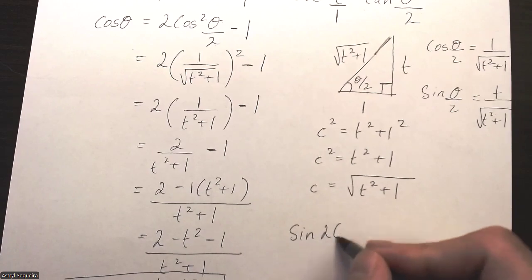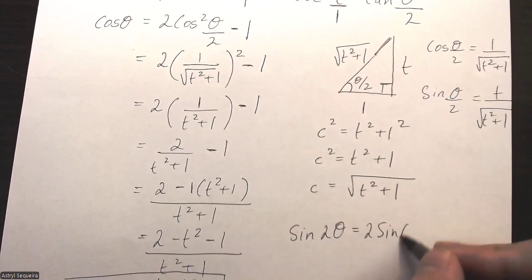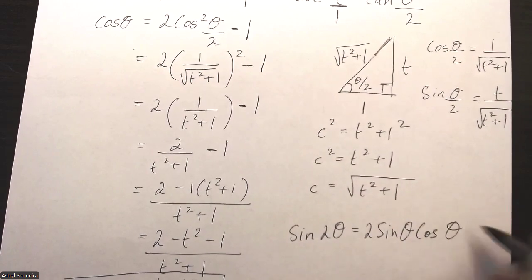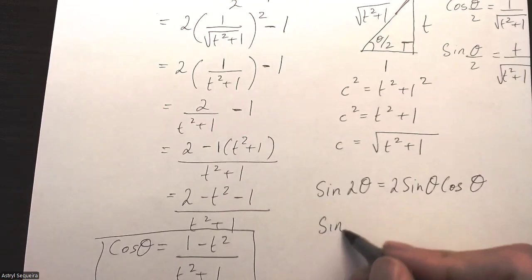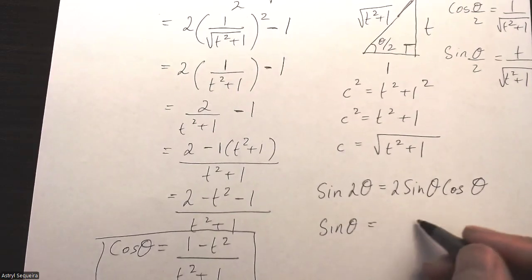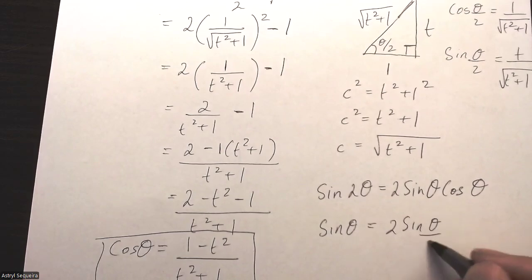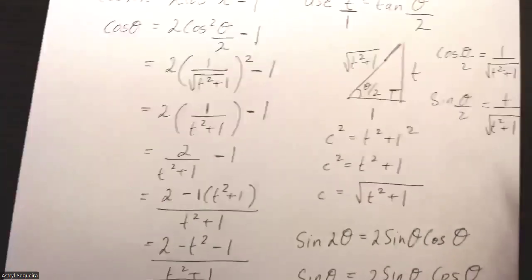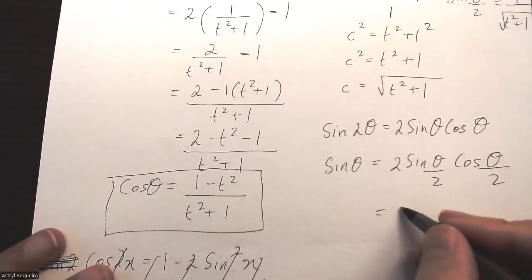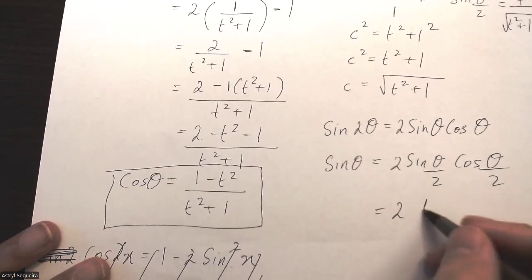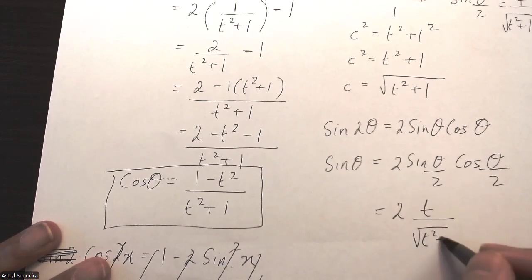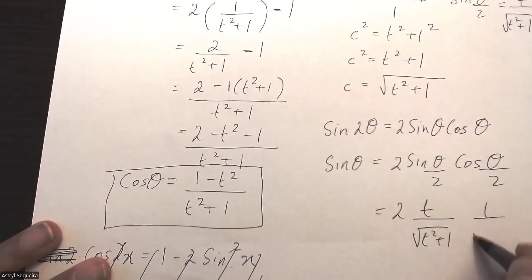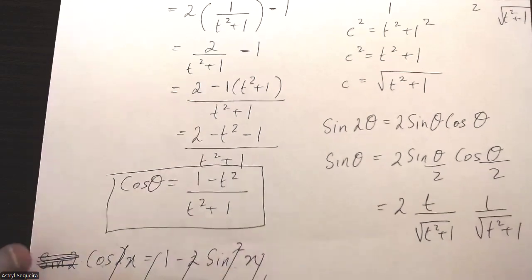Sine 2x equals 2 sine x cos x, which means sine theta equals 2 sine theta over 2 cos theta over 2. Then I'm just going to replace those two with these two. So 2 times t over root t squared plus 1, times 1 over root t squared plus 1.